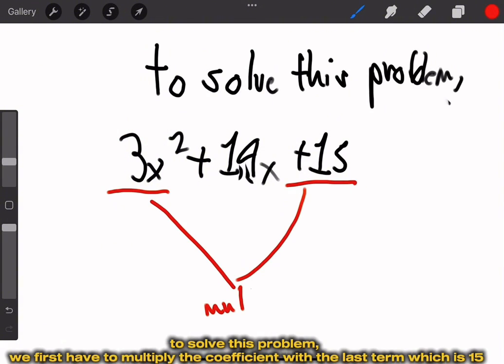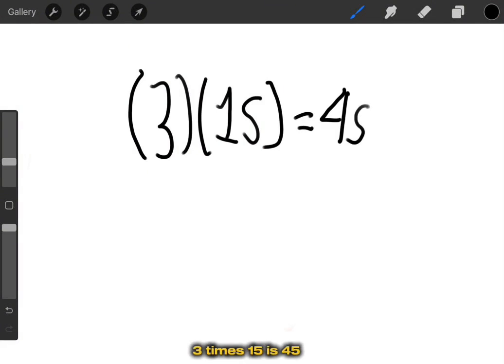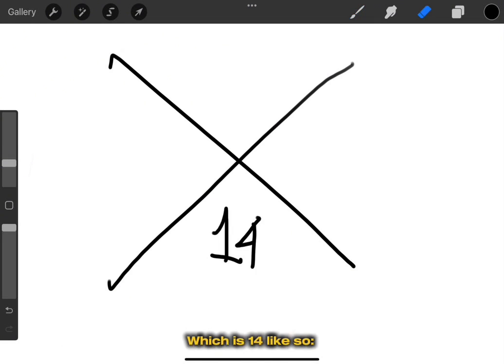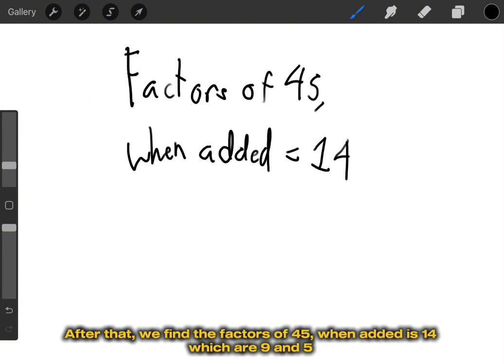To solve this problem, we first have to multiply the coefficient with the last term, which is 15. 3 times 15 is 45. Now we write the middle term at the bottom of the x, which is 14, like so. After that, we find factors of 45 when added is equal to 14, which are 9 and 5.